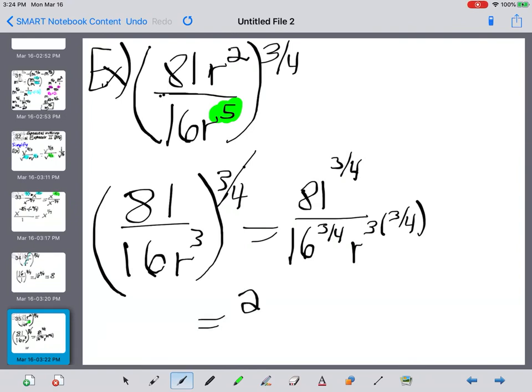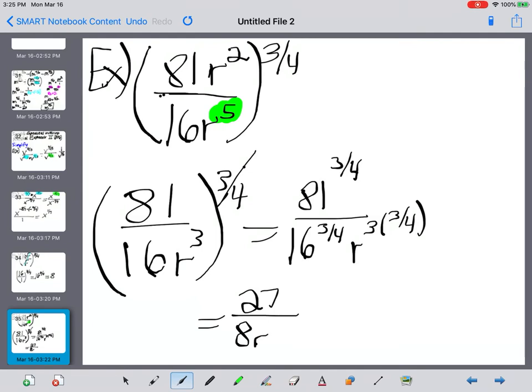So indeed I do. So on the top we're going to have 27. And on the bottom we're going to have, well, same thing with 16. It's a perfect fourth. So 16 to the 3/4 is 8. I think we did that in the last example, didn't we?